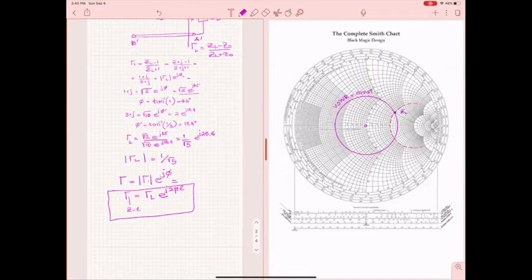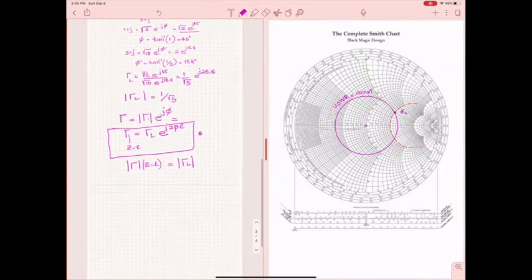Now, that implies from this one here that the magnitude of gamma at any point on this line is equal to the magnitude of gamma L. All right, so the magnitude of gamma is the same everywhere on this transmission line.